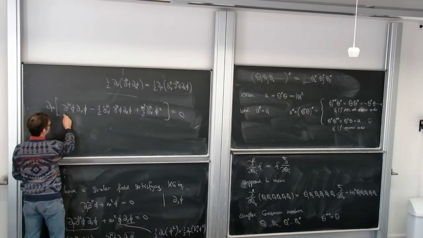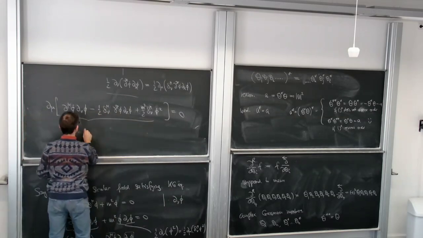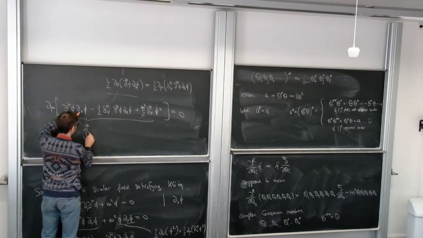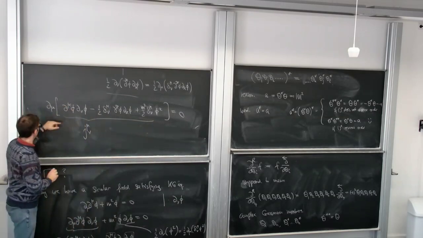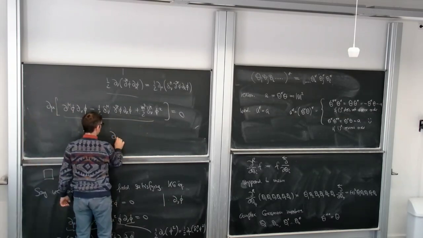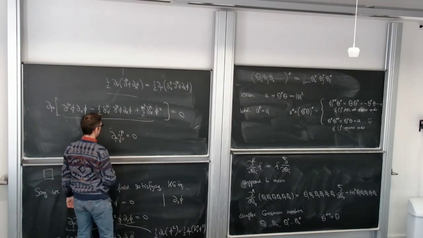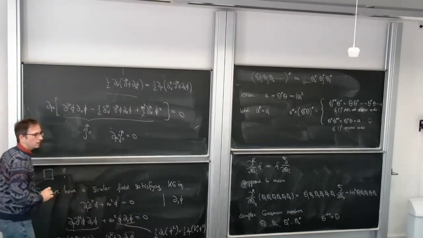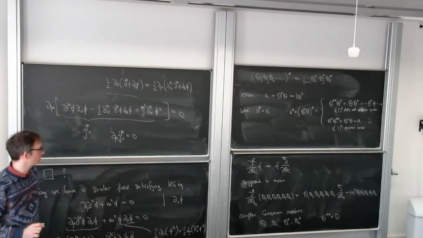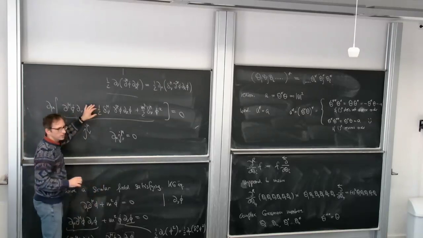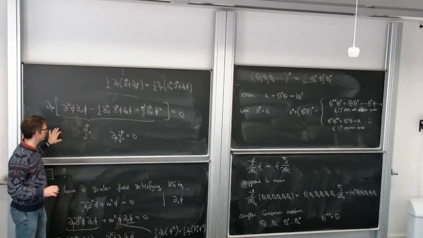I can call this J mu upstairs, and then it has also an index nu downstairs. And then the equation is d mu J mu nu equals 0. And that's a continuity equation, right? Because I used the letter J. No, it's not because I used the letter J, but every divergence is a continuity equation.